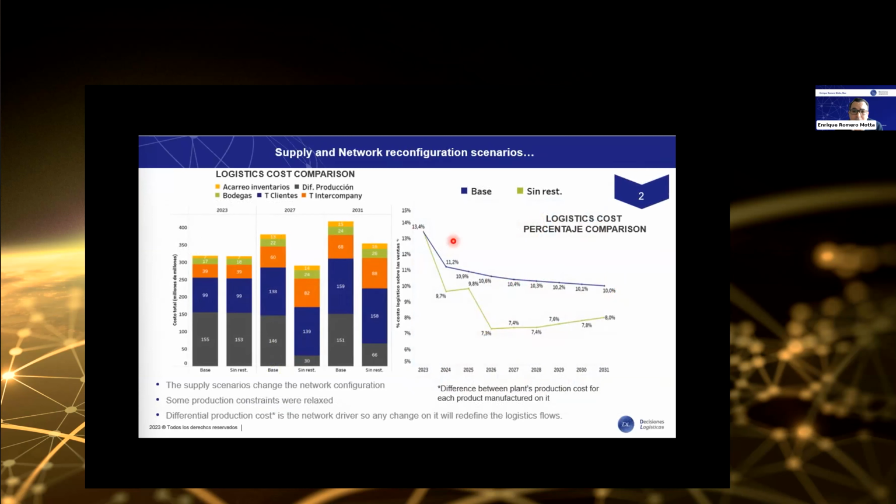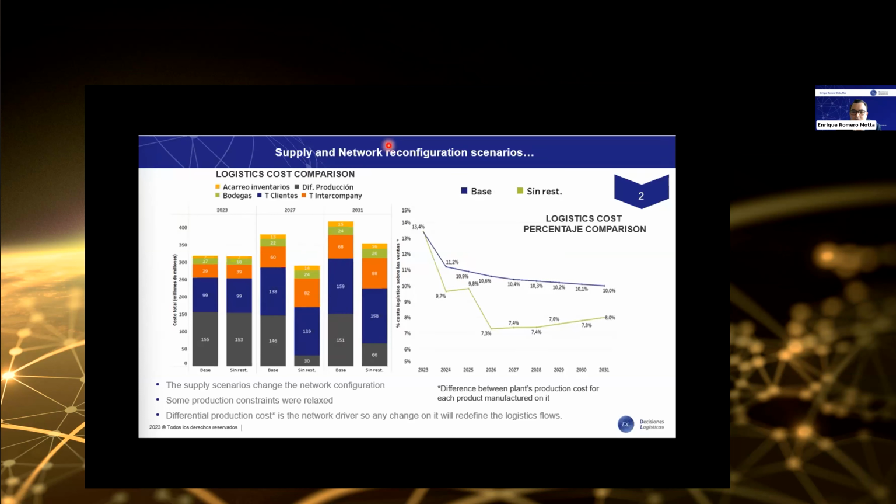Those scenarios focused on changing and relaxing some constraints, on production and on distribution, and understanding how we're going to prepare a final strategy that will be viable and, of course, will support what the customers want. Then let me show you some results we achieved with those scenarios.